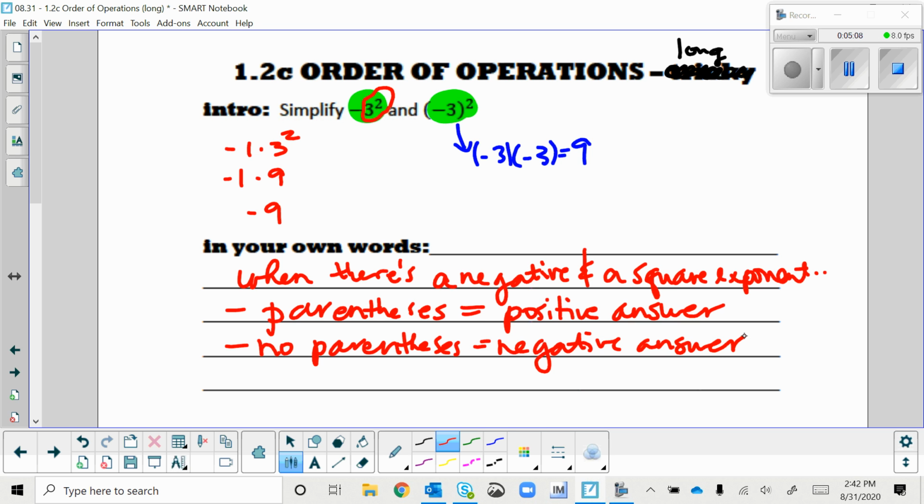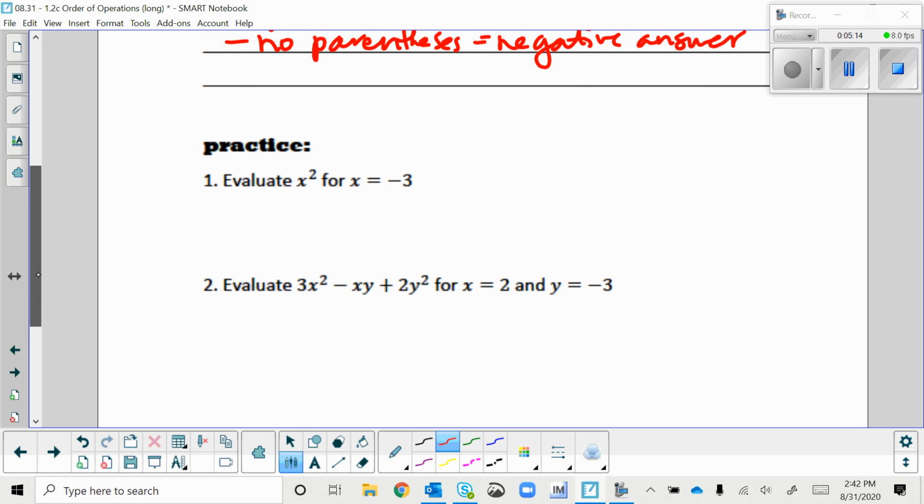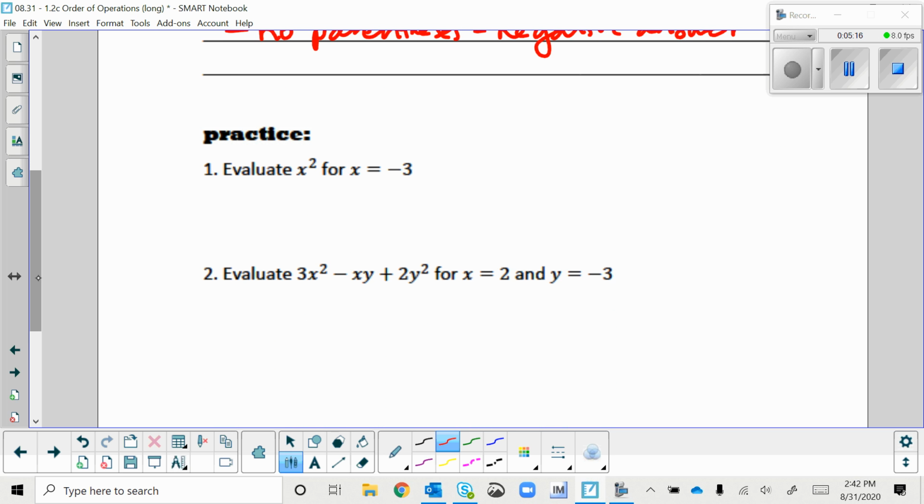And we're going to use this idea while we work these problems on the bottom of the paper. So these two problems both say evaluate something, and it gives us an algebraic expression. Evaluate something for when a certain variable equals a number. So in the first one, it says evaluate x squared for x equals -3. That word evaluate means to find the value.